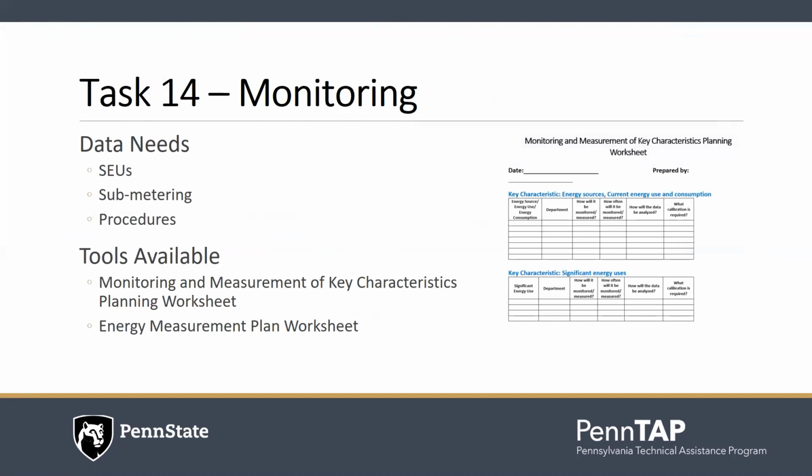And sub-metering can be a bit tricky because there are meters that will automatically fill in an online program and everyone has access to a dashboard, but there are also meters that someone physically has to go over and review every single day. So you'll need to pull together a monitoring plan and figure out what is currently being monitored, how is it being monitored, and how often are you going to review that it's being monitored.